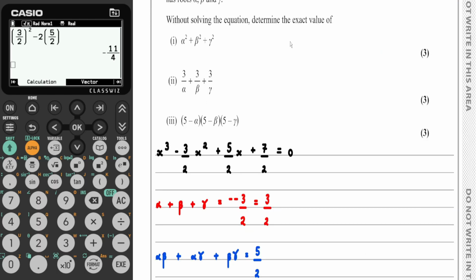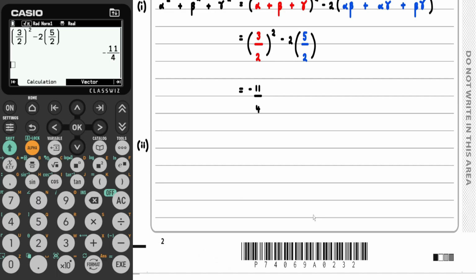We now have to determine the exact value of 3 over alpha plus 3 over beta plus 3 over gamma. Well, we can find an equivalent expression. We have a common denominator of alpha beta gamma.